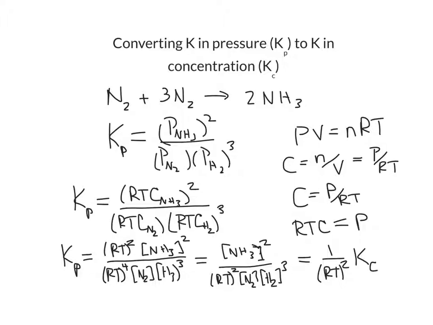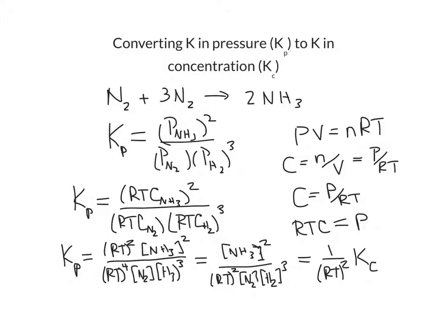Because the exponents on our equilibrium constant are always equal to the stoichiometric coefficients in our balanced reaction, the number of factors of RT that I will have in the numerator will be equal to the stoichiometric amount of gas that I have in my products.